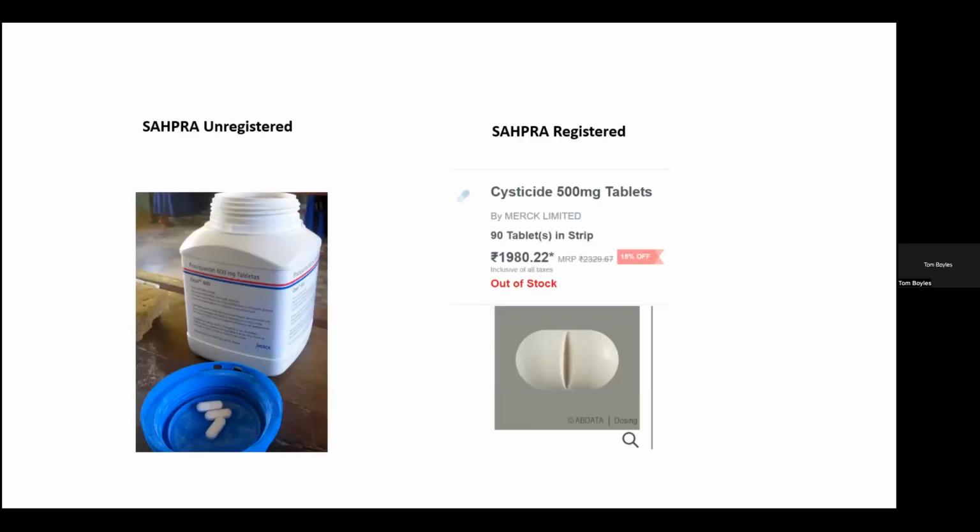The issue, to my understanding, is that the country is not able to accept a donation of an unregistered medication, Sesol, when there's a registered medication already available, even though the registered medication costs 18 rand a tablet and the unregistered one is free, and we have a public health emergency.